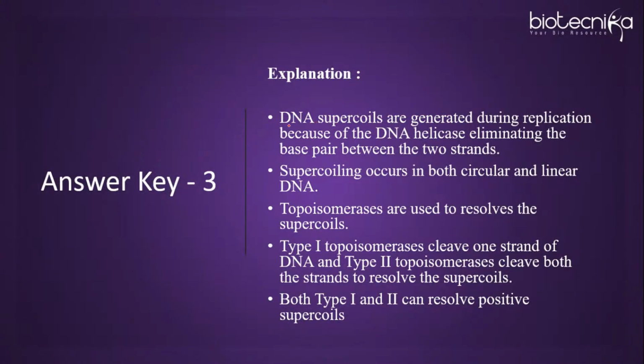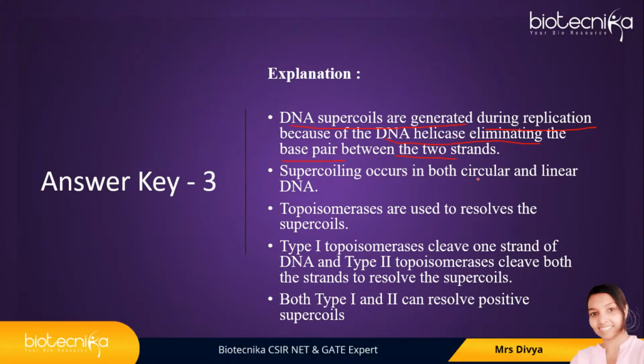DNA supercoils are generated during replication because DNA helicase eliminates the base pairing between the strands. So upon that, some kind of stress occurs. That stress is known as supercoiling, and as I said before, it occurs in both circular as well as linear DNA.